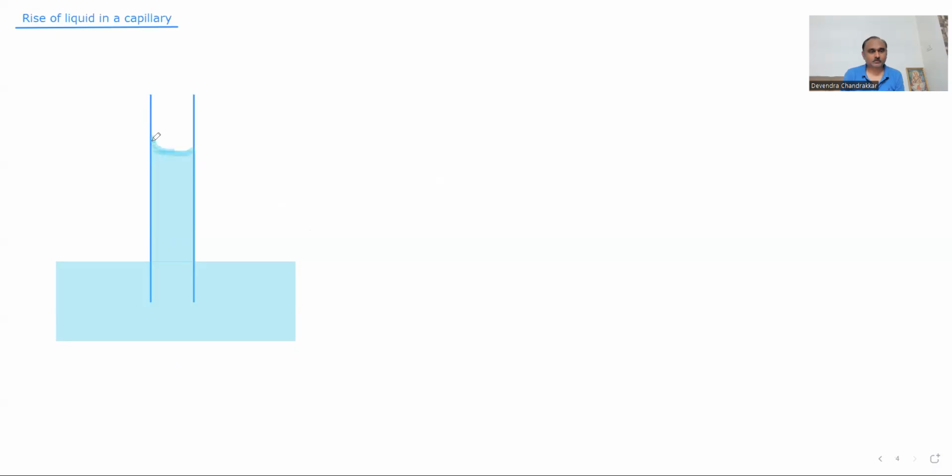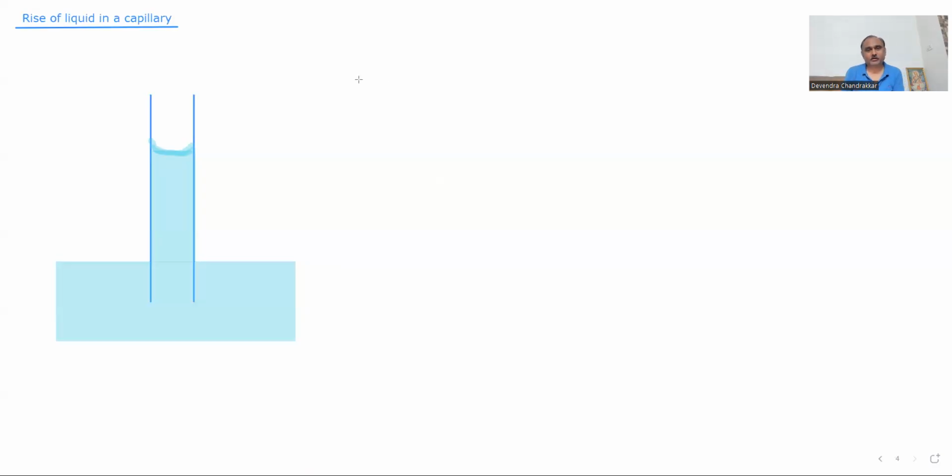We are assuming that this is water and this is how it looks. The water is not pure, so the contact angle is not purely 0 degrees. Now imagine the periphery of the fluid, which is a circular periphery.